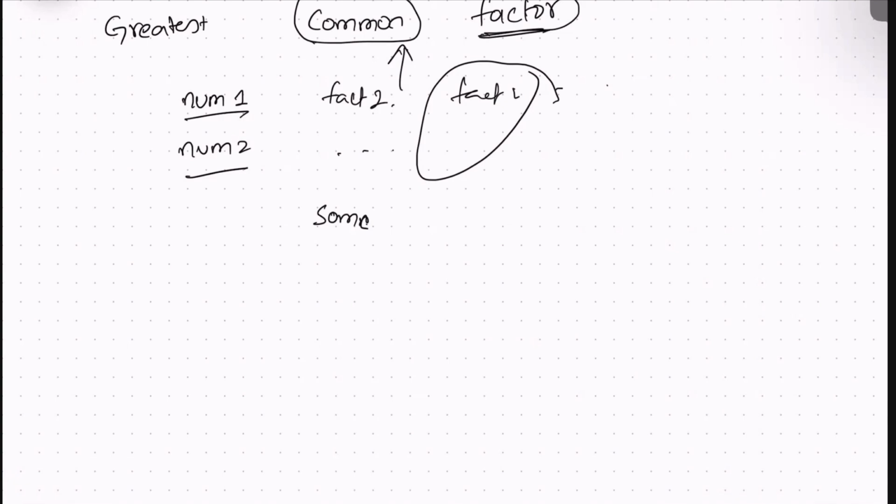Let's take a small example and go step by step to find the greatest common factor. Find GCF of 12 comma 18. What we discussed earlier, this is dealing with factors, and we have to find the common factors for both, and then select the greatest.